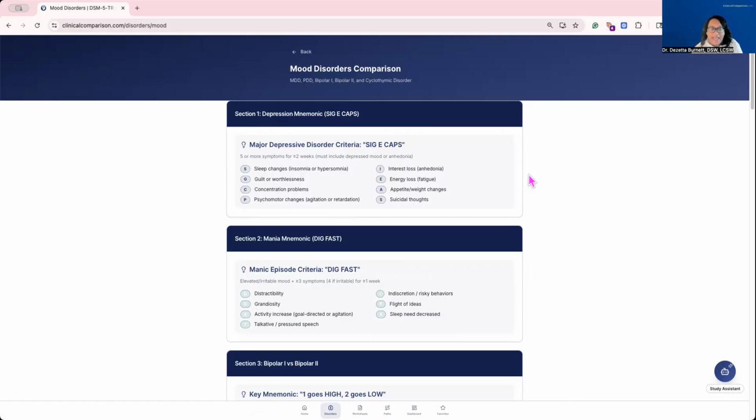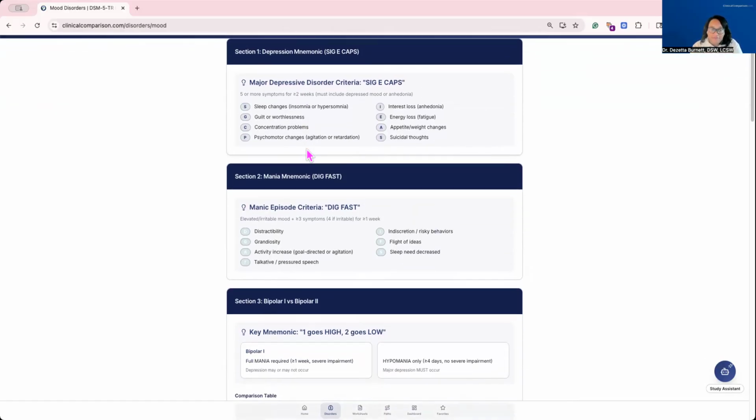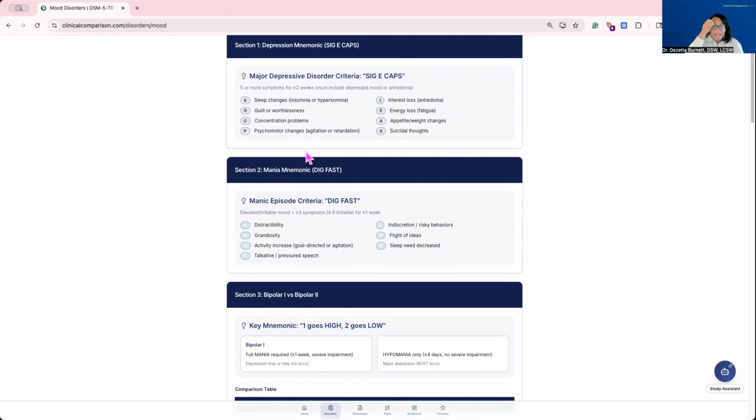Now we're going to move to mania. The mnemonic for mania is DIG FAST. D is distractibility, I is indiscretion or risky behavior, G is grandiosity, F is flight of ideas, A is activity increase, which is goal-directed activity or agitation, S is decreased need for sleep, and T is talkative, or pressured speech.